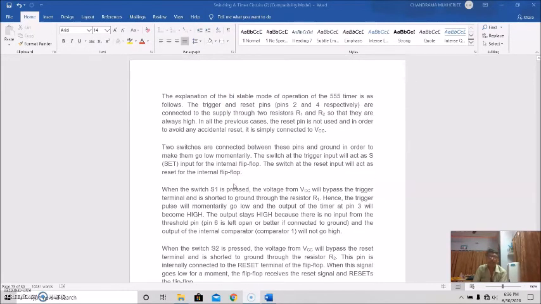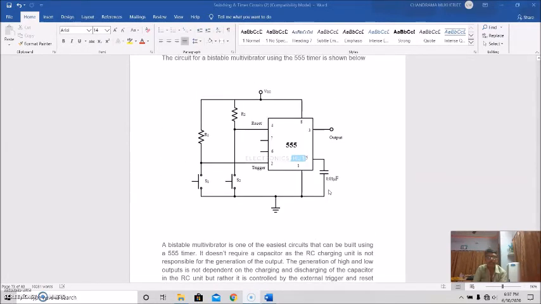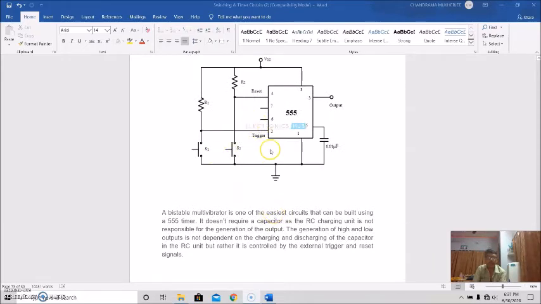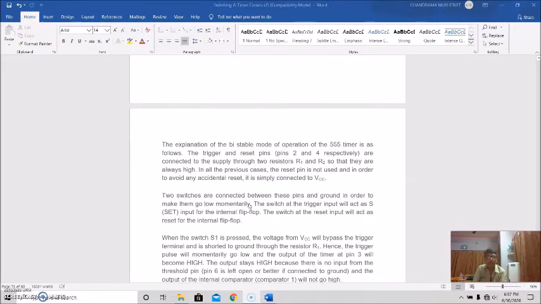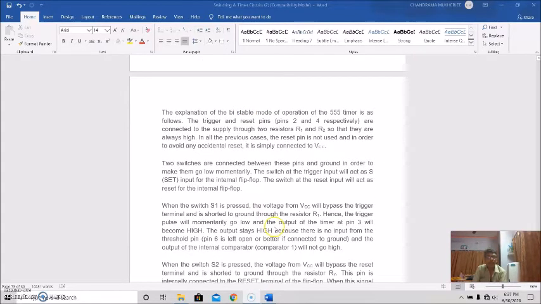So when the switch S1 is pressed, the voltage from VCC will bypass the trigger terminal and is shorted to the ground through the resistor R1. See, when it is pressed, this will be shorted through resistor R1 to the ground, and this trigger input will be bypassed. Hence the trigger pulse will momentarily go low, and the output of the timer at pin 3 will become high.